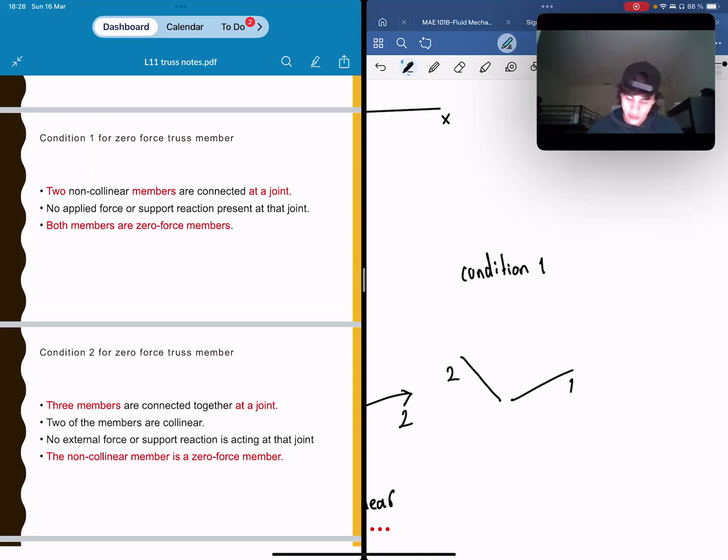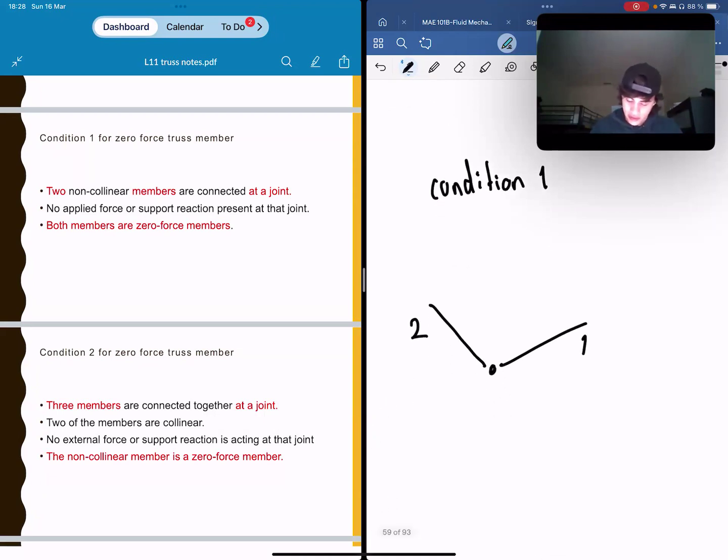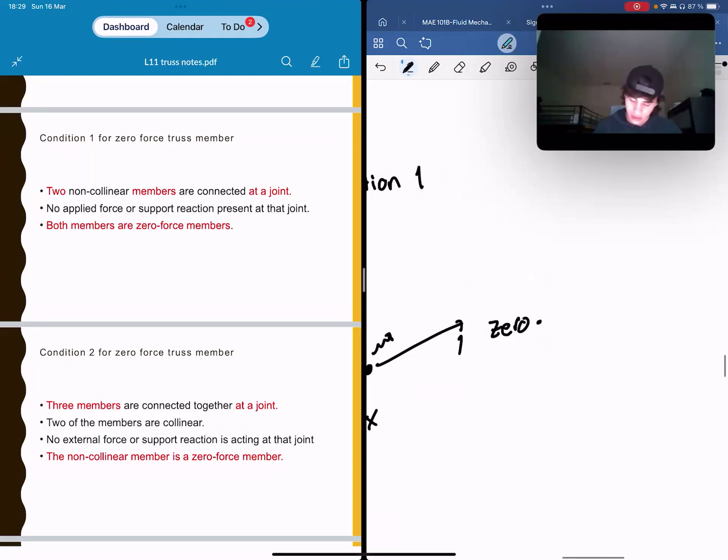Well, this pretty much is saying that if this is a joint and there is no external force acting on that joint, and there are no reaction forces that the joint is applying, then by extension of that argument, these two members are zero force members, right? Because there's no force at all. So that's one thing that I guess I forgot.